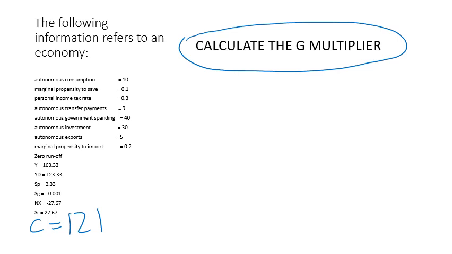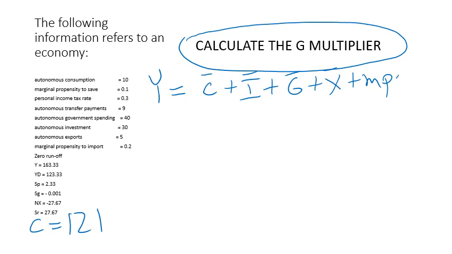Well, we take the model equation, right? And you remember the model equation, right? Y is equal to autonomous C plus autonomous I plus autonomous G plus autonomous X, and you remember the last one, MPC times TR, right?